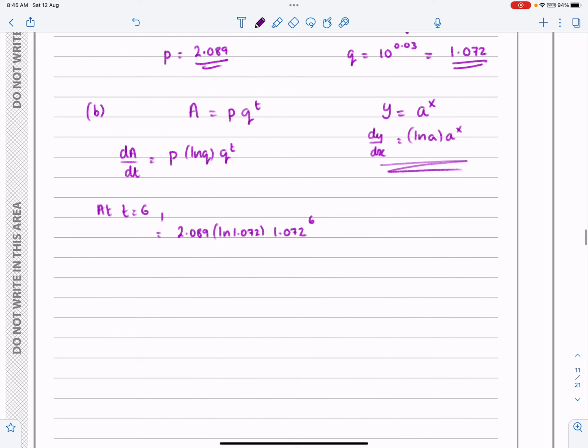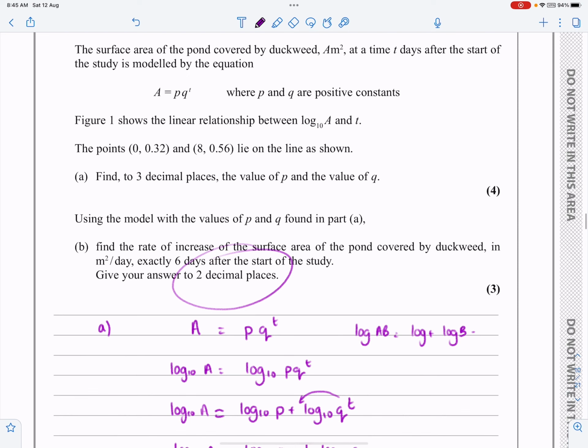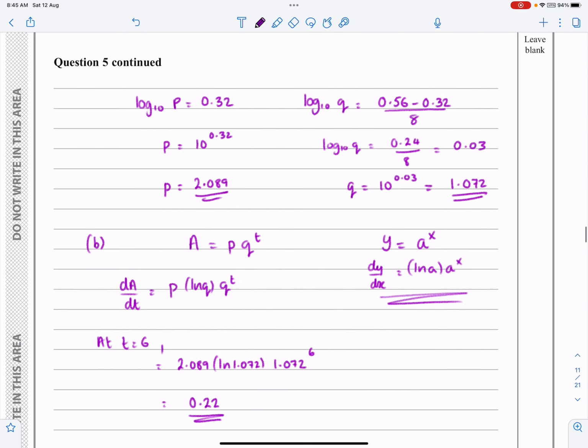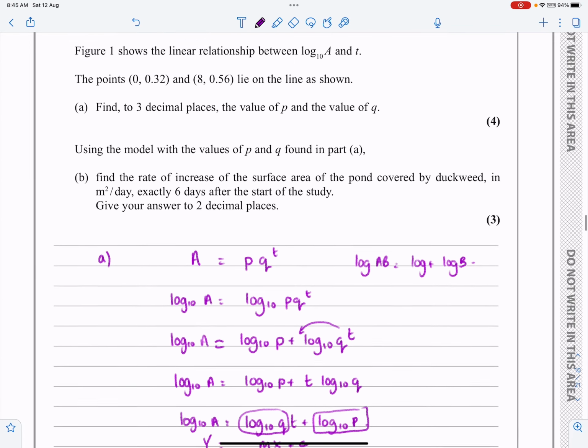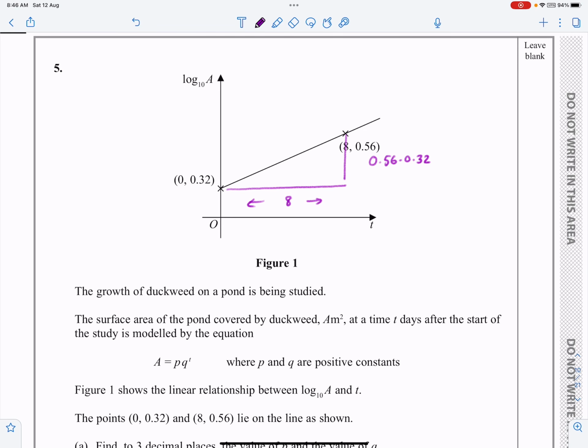It's given in the question. And then whatever that works out to be, if you calculate all that, it comes to 0.22. And it says the answer needs to be to 2 decimal places. So really important that we remember that. The rest of this is a relatively standard one of these questions. Okay, hopefully all that makes sense.